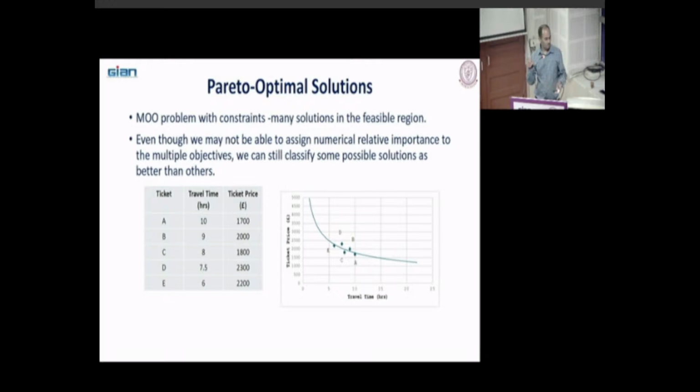So when you solve a multi-objective optimization, do you get the optimal solution, similar to single objective optimization? No. When you solve a single objective optimization, you get one optimal solution. But here, do you get one optimal solution? No. Then how do the companies select the solution?